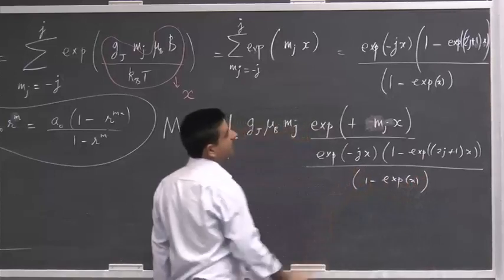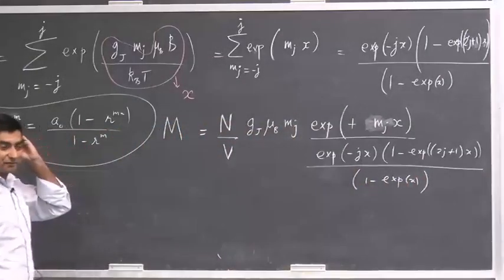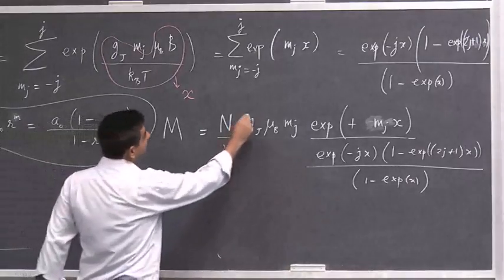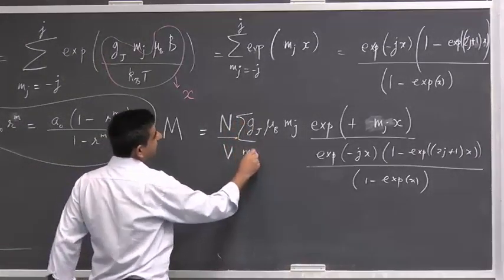Okay? So this is the magnetization of such a material. And of course you have to sum over all possibilities of mj.